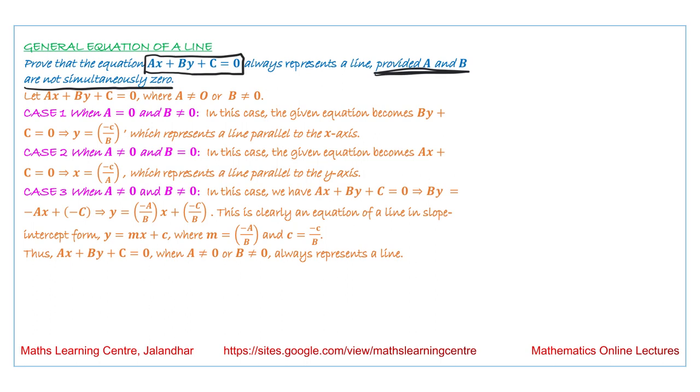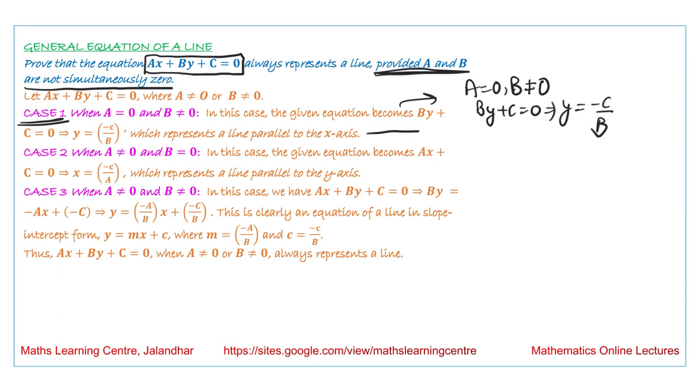The first case we are considering is when a is equal to 0 and b is not equal to 0. Then this equation reduces to the form by plus c is equal to 0, which implies y is equal to minus c by b. It means it is representing a line parallel to x axis.